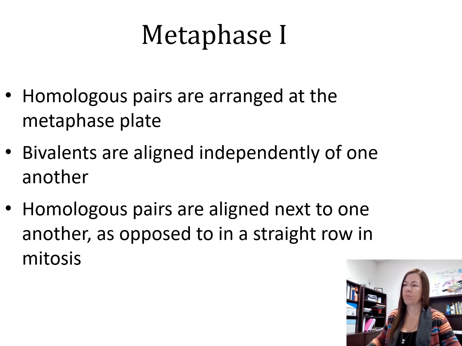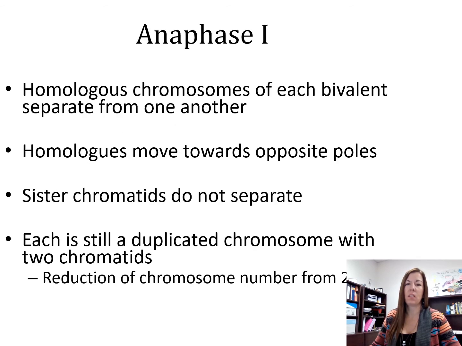And then in anaphase 1, you'll see the homologous chromosomes of each tetrad or bivalent separate from one another, but note that the sister chromatids are still held together at this point by a centromere, so that's a big deal. They don't get separated.